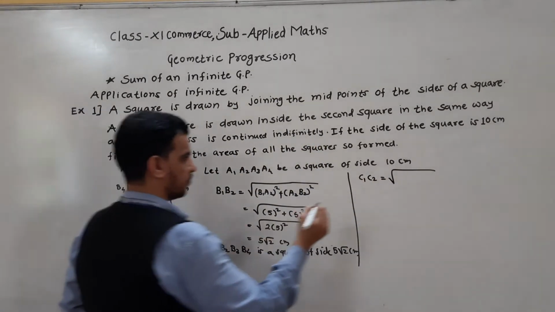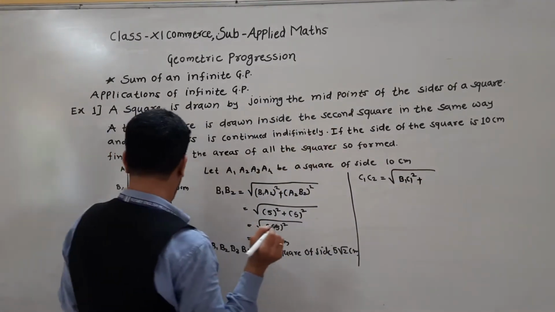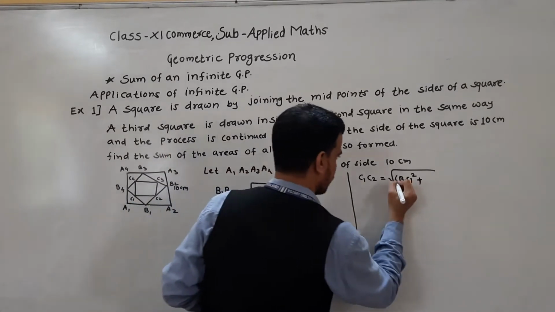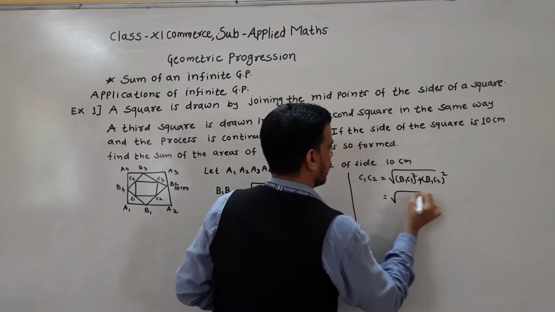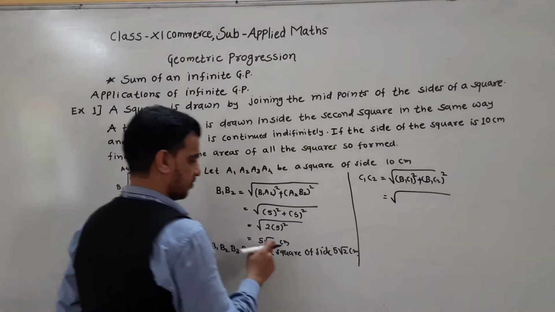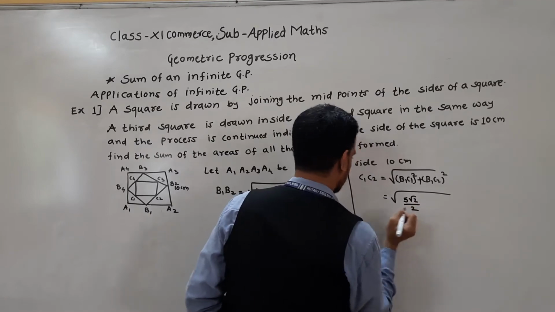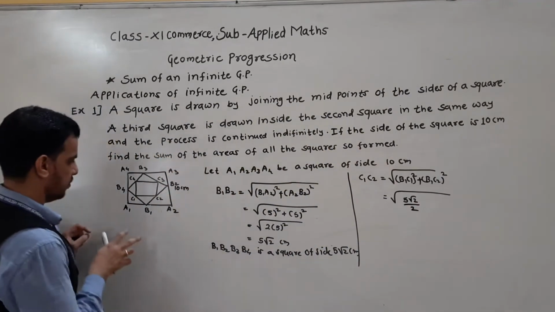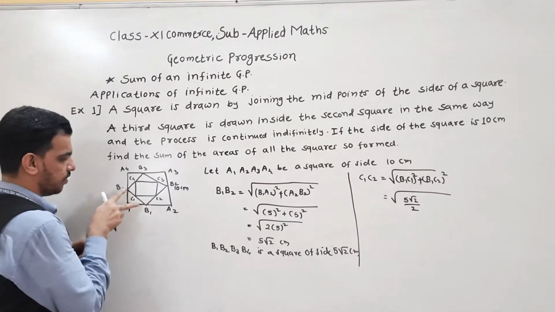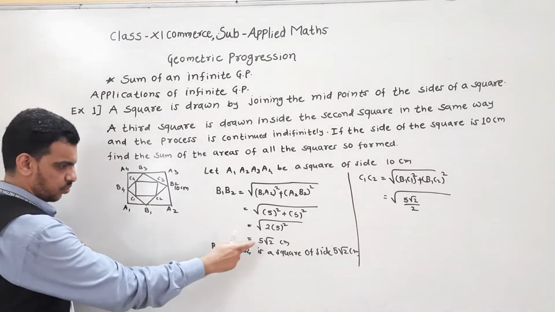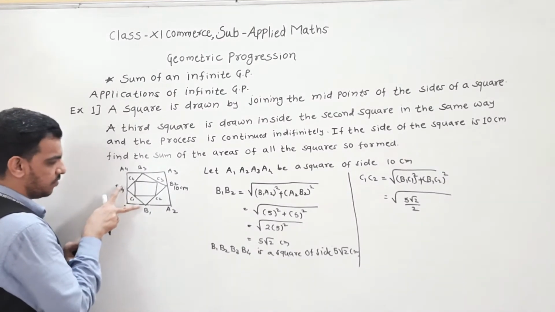That is the square root of B1, C1 square plus B1, C2 square. Now B1, C1 is 5 root 2 by 2, because this side B1, B2 or B1, B4 is 5 root 2, but B1, C1 is half of B1, B4.